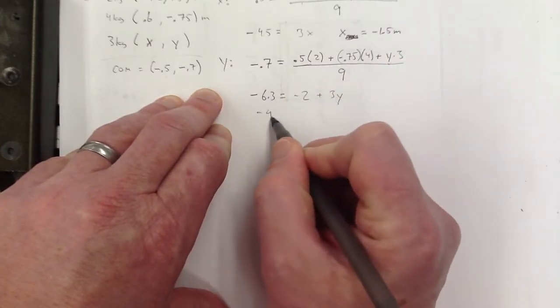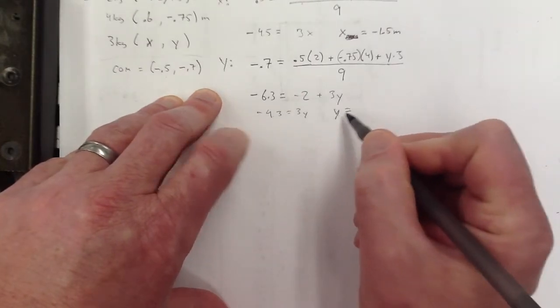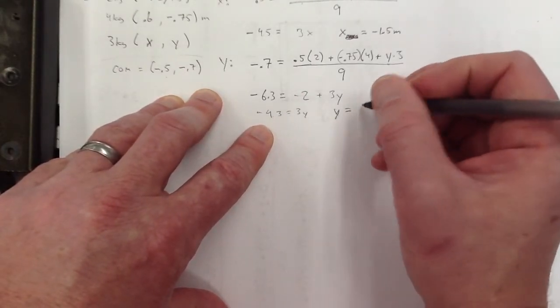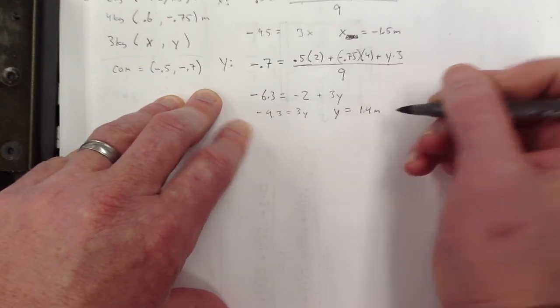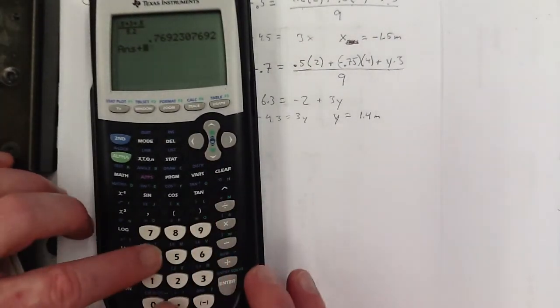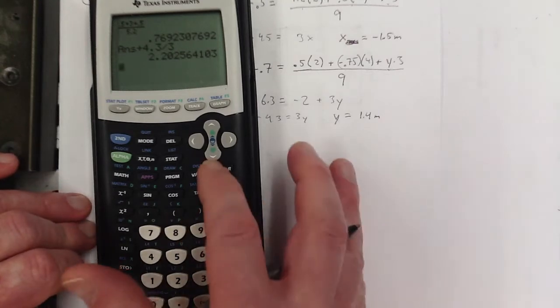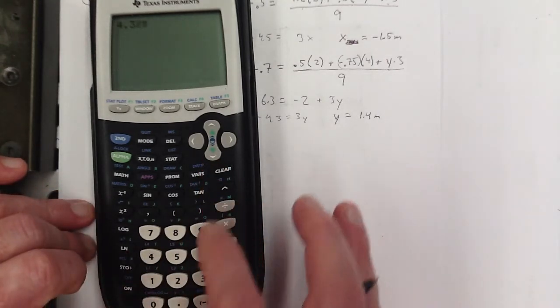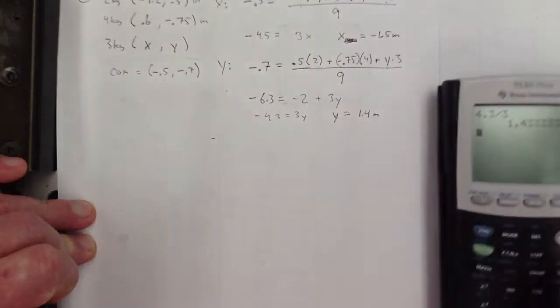So negative 4.3 is equal to 3y, so y is going to be equal to, what, about 1.4-ish? Let's just check that real quick. Okay, that's good to 2 decimal places.